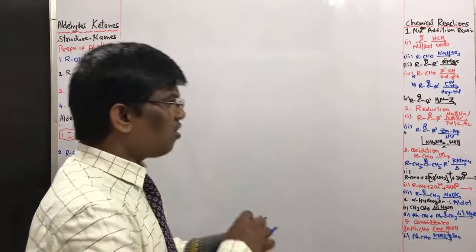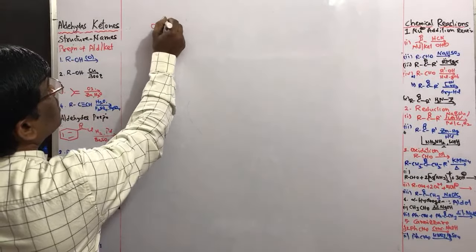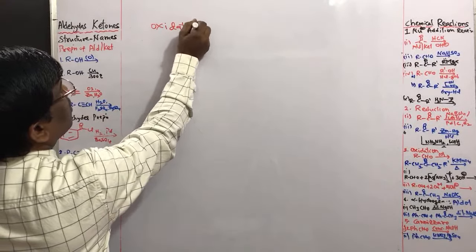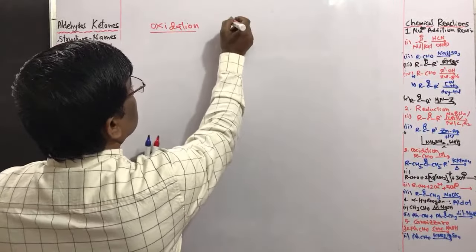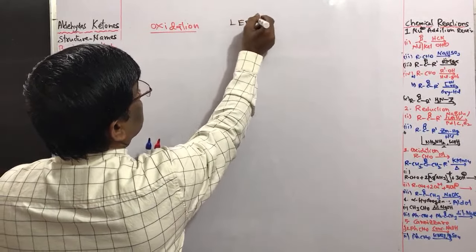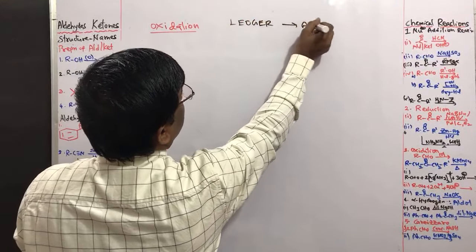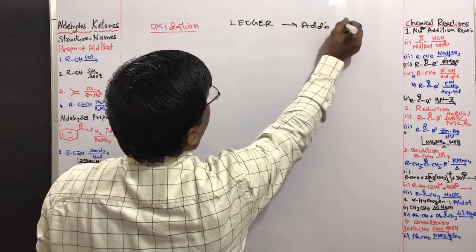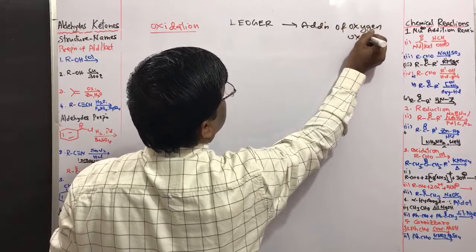Let us see oxidation of aldehydes and ketones. Oxidation. In principle, what is oxidation? Addition of oxygen is oxidation.